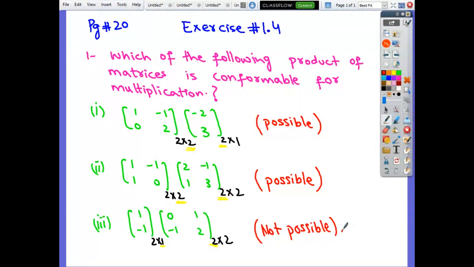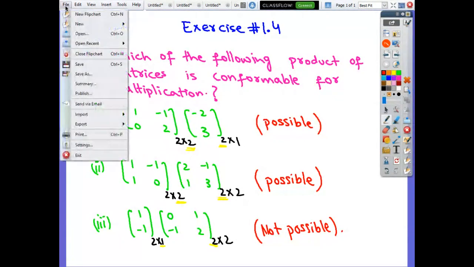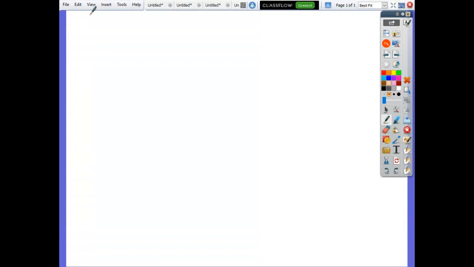Okay. Now, we come to the next question, question number 2. If A is equal to 3, 0, negative 1, 2 and B is equal to 6, 5.